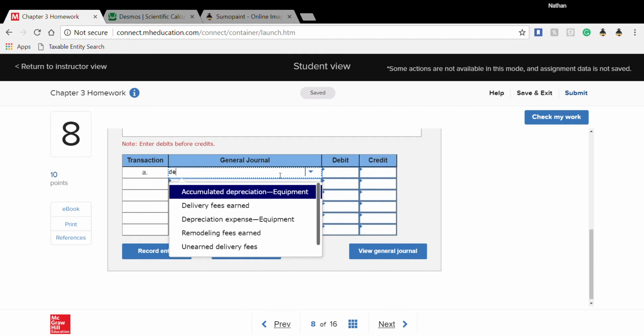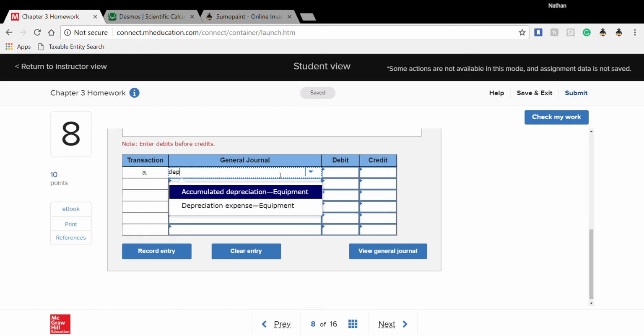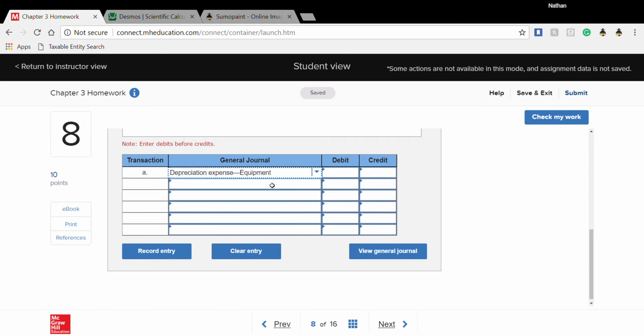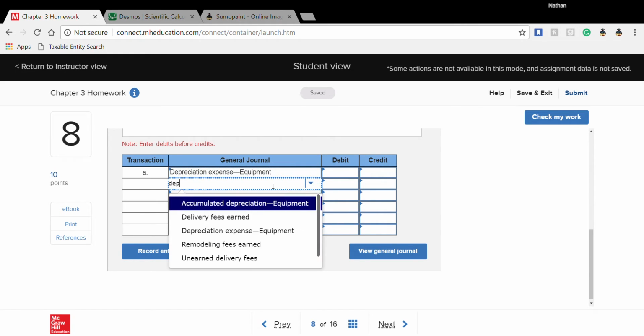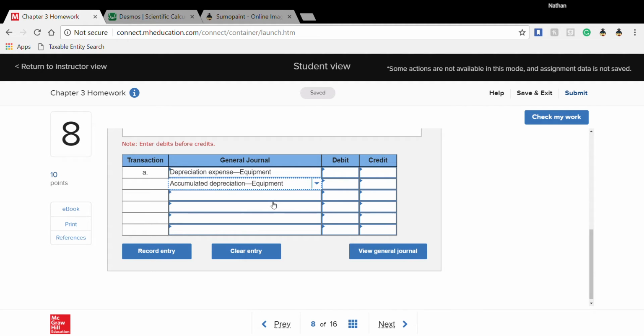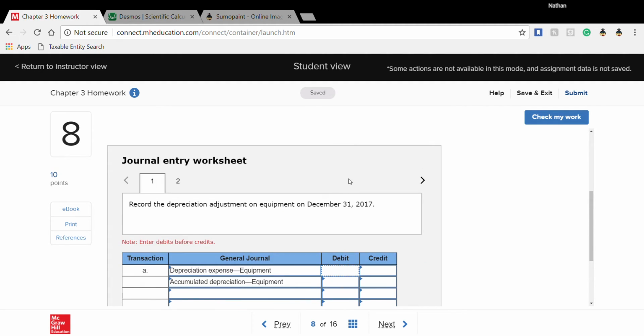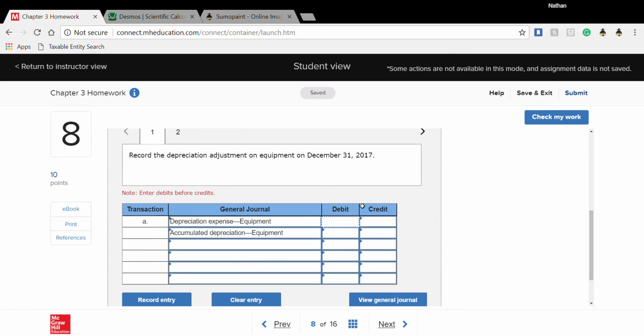It's always going to be depreciation expense and accumulated depreciation for debit and credit. And we just put in the amount of depreciation, 3,920, and boom, that one's done. Cool.